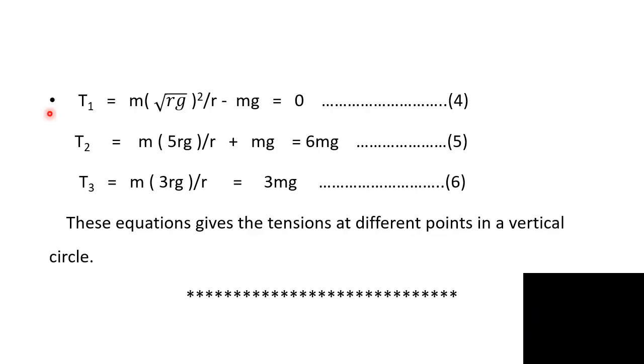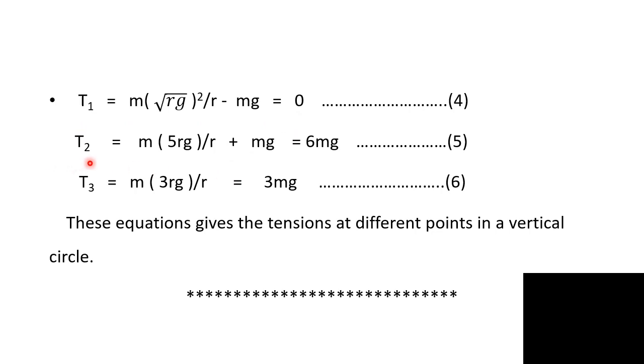First, T1 equal to m into square root of rg bracket square divided by r minus mg. So it remains mg only. mg minus mg equal to 0. So tension acting at highest point T1 is 0.